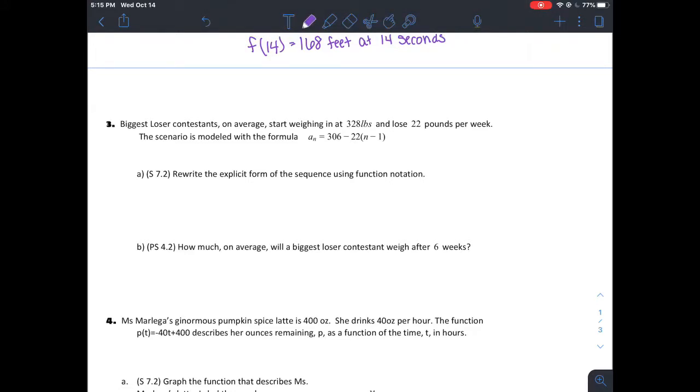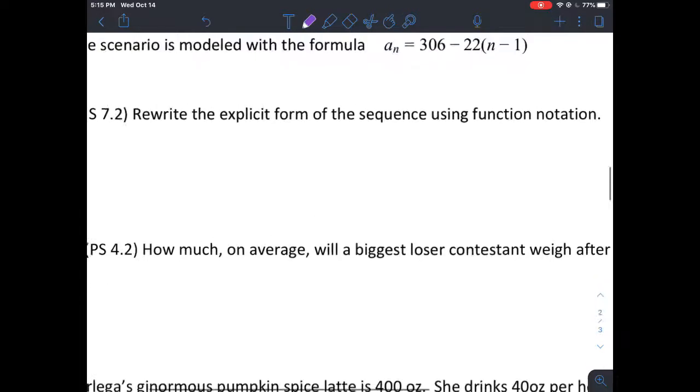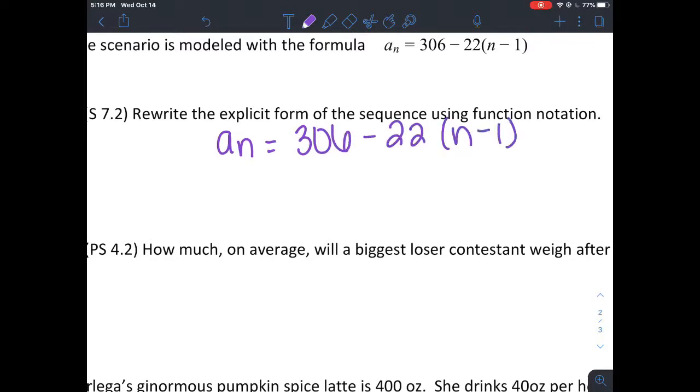Rewrite the explicit form of the sequence using function notation. So let's rewrite this just exactly like we see it, 22 times n minus 1. And we're going to change this A sub n to f of x, or actually let's start with y. I'm just going to add a step in here.